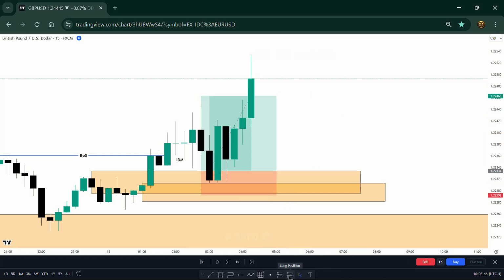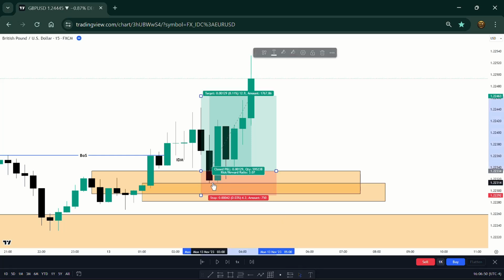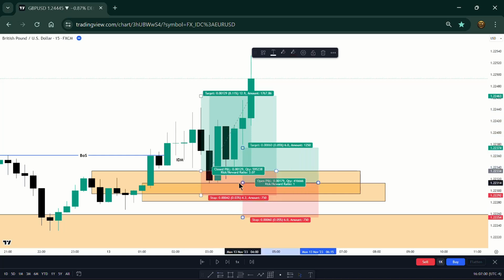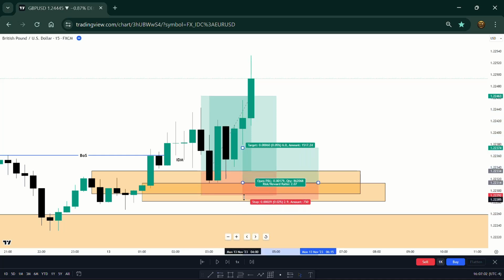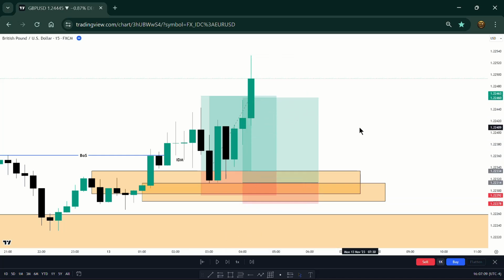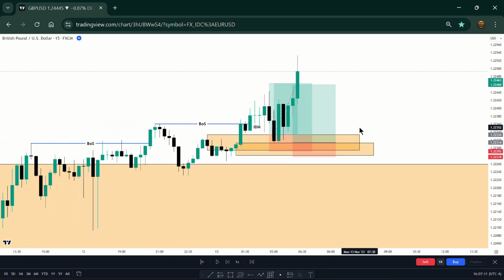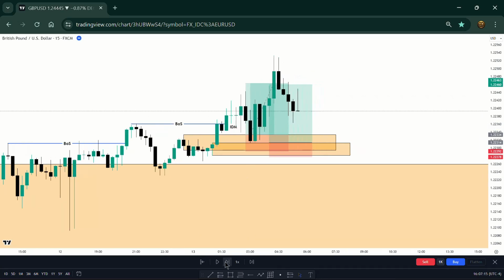And then most of you know this order block, the one that was just kissed here. So if you were going to enter right here, if you were going to enter right there, you're also going to get something, okay? All right, so let's just play it out.